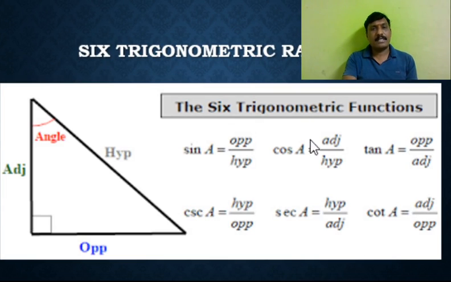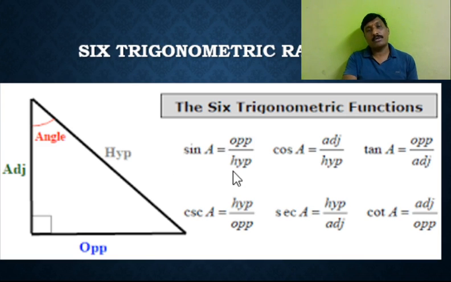You can remember that it is hypotenuse by opposite. It is better if you remember the first 3, then automatically you will get the next 3, but remember all 6. Now sec A, secant A, is hypotenuse by adjacent. If I take 1 by cos A, you will get sec A. Cot A is side adjacent to angle A by side opposite to angle A.